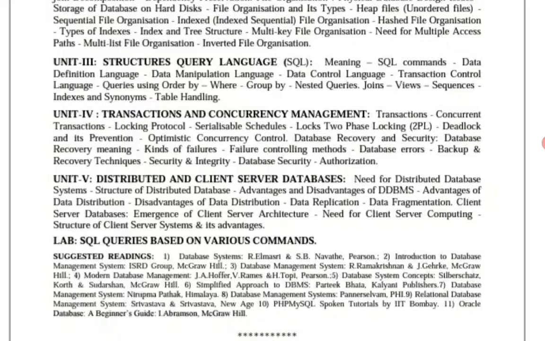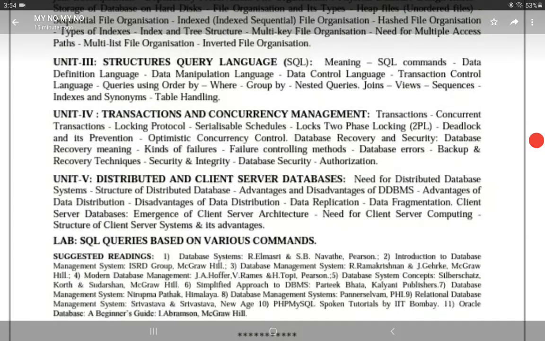Database recovery means kinds of failures, failure control methods, database errors, backup and recovery techniques, security and integrity, data security, authorization. So these are the topics of the fourth unit.